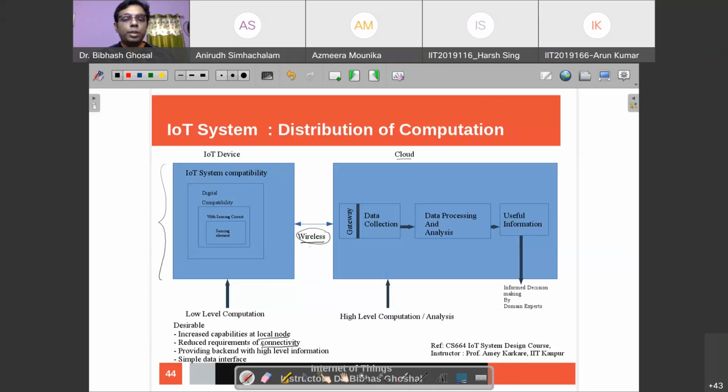So you have to reduce the communication. You only keep the cloud for backend or for high level information, etc. And the data interface has to be simple. This is the overall picture today, right? Do you agree to this?